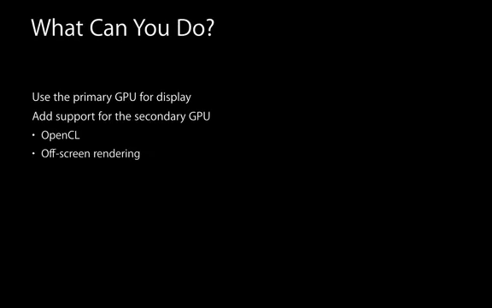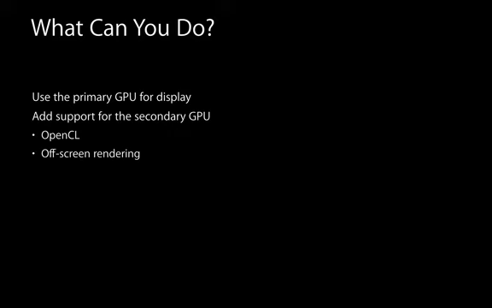Okay, so when you have this computer and the GPUs that are in it, you can do a couple of different things to take advantage of this second device. One thing that you can do is take, say, the OpenCL compute portion of your application and simply run that compute portion on the second device, and let the primary GPU continue to be used for GUI rendering and maybe OpenGL 3D graphics.